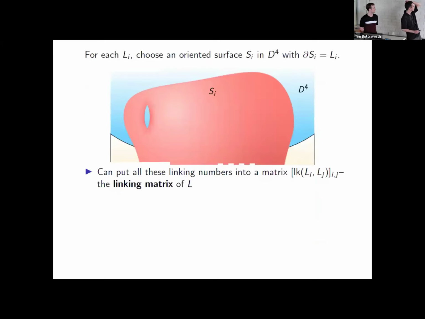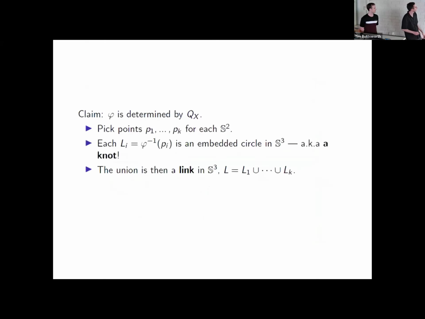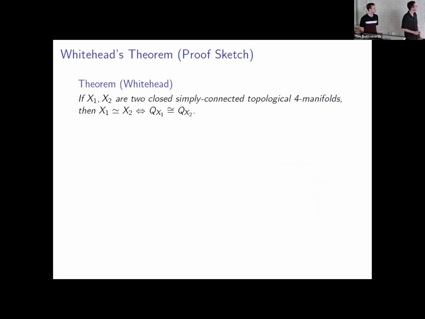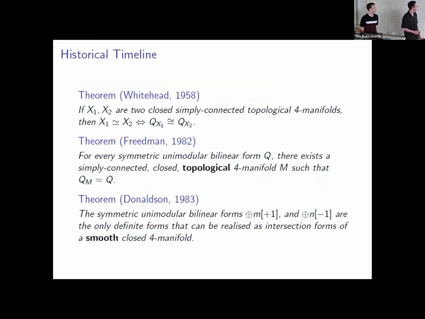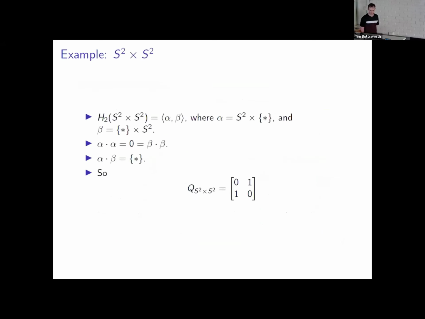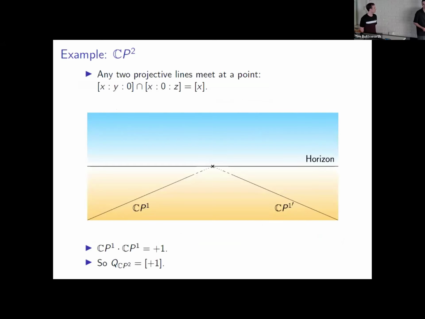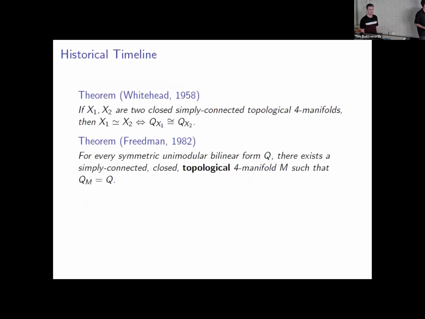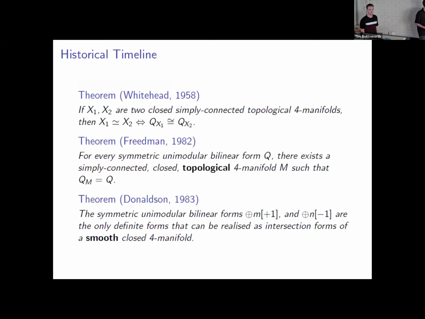Maybe something I didn't mention, because I think about this all the time, but maybe I should mention it here: with Donaldson's theorem, if you're smooth and definite, then all you get are these. These are precisely the intersection forms of CP2 and CP2 with its opposite orientation. So if you're definite and smooth and closed and all the other adjectives, then all you could be is a connect sum of CP2s or CP2 bars.